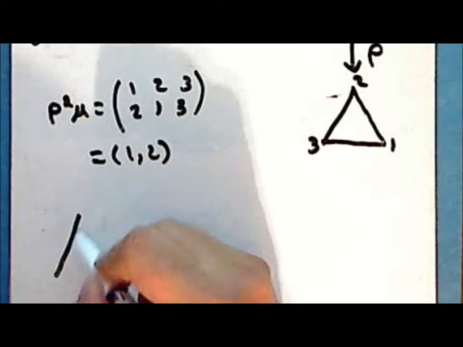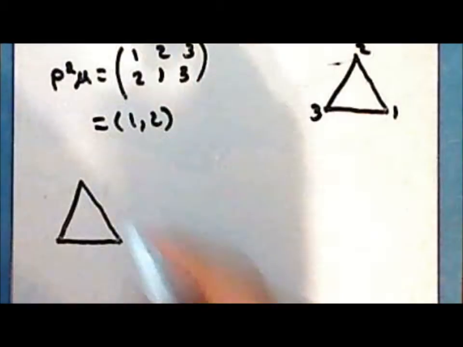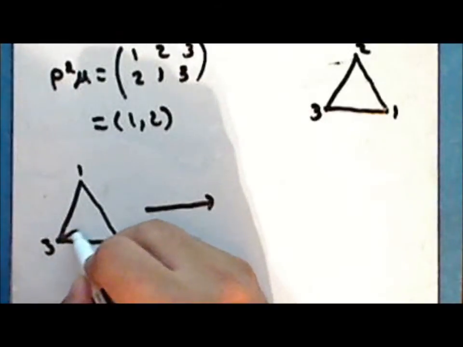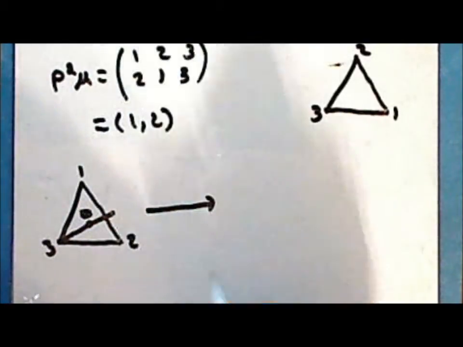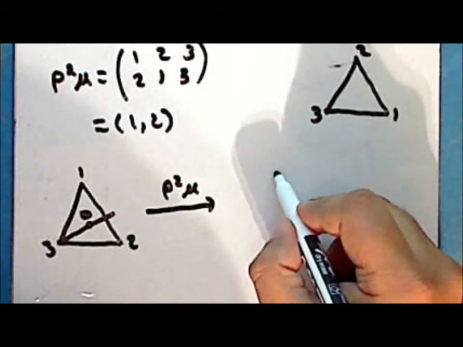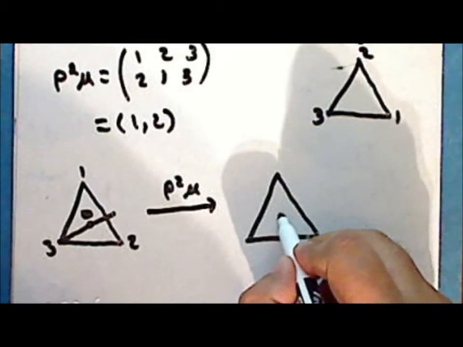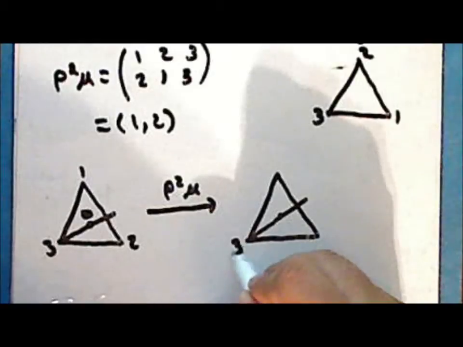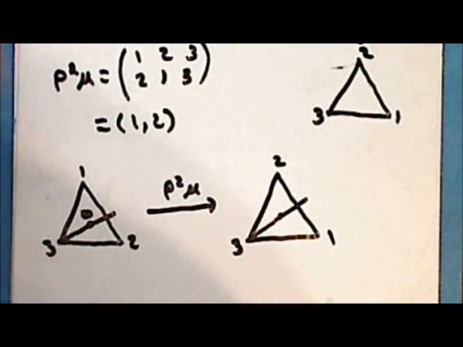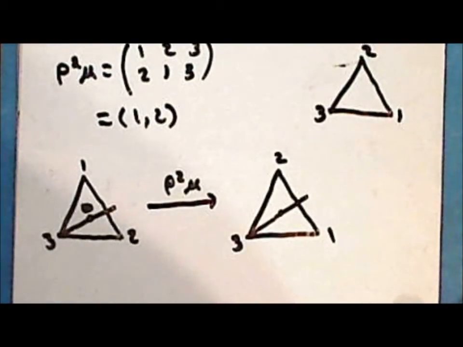And so applying a reflection followed by 2 rotations is equivalent to reflecting about the line through the center and vertex 3, so that vertices 1 and 2 exchange places. And so this also is a reflection symmetry.